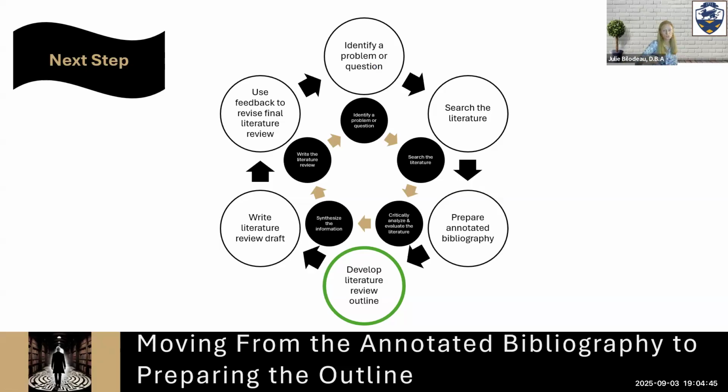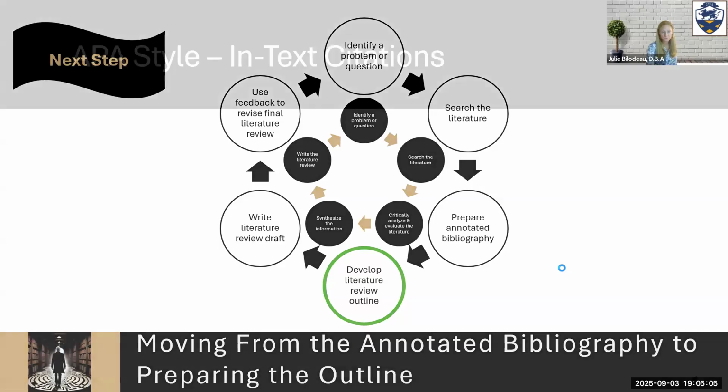For the first literature review that you're building, it is given to you and you were able to select one. Then in week 1, you searched the literature, and we had Lisa Spicola come and help us with this last week. And with that, you then prepared the annotated bibliography. So now we're going to move to developing the literature review.